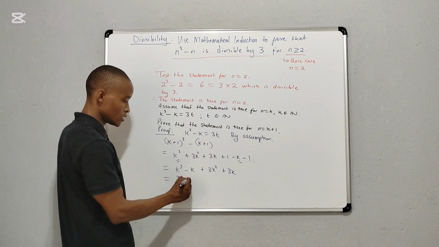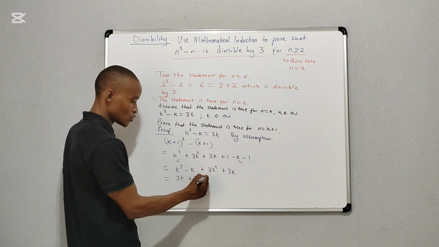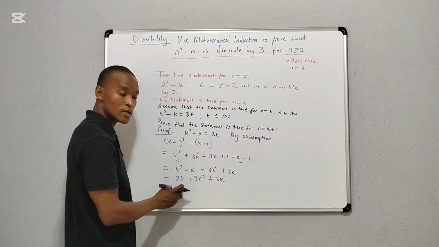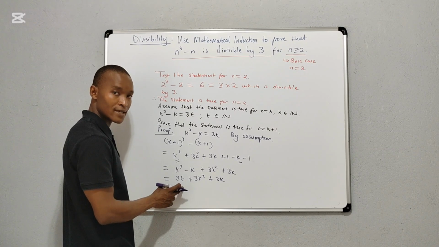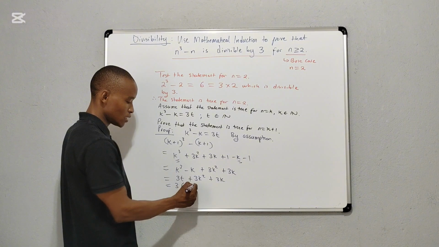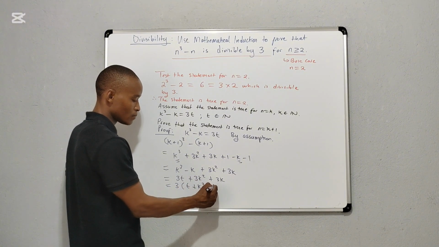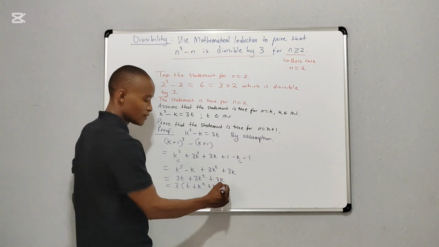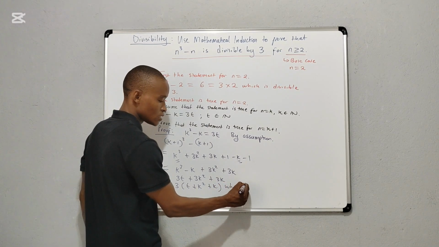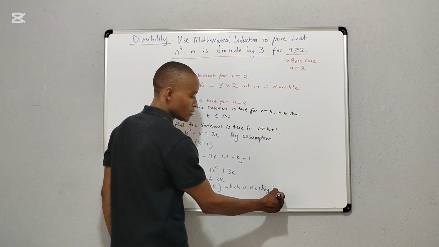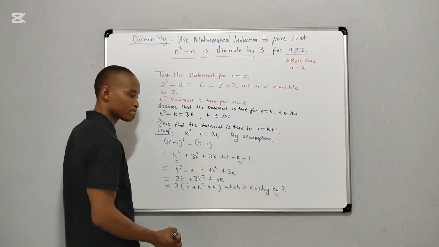This is equal to 3t plus 3k squared plus 3k. What can you observe? A factor of 3. That is the highest common factor there. So we take it out. 3 times (t plus k squared plus k). Well, definitely this is divisible by 3.